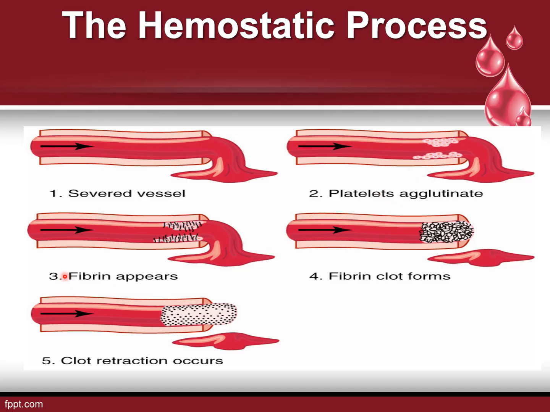Then steps 3 and 4 show the formation of the fibrin clot through the interaction between aggregated platelets and various coagulation factors, leading to generation of fibrin and the formation of the secondary hemostatic plug, or secondary hemostasis. Finally, step 5 shows the breakdown and removal of the clot, fibrinolysis.